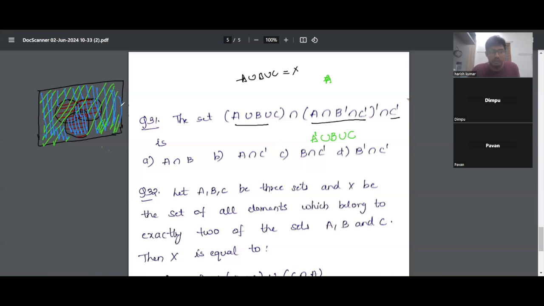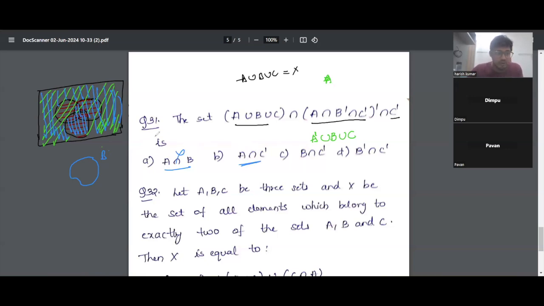Now we have to look for the common part. What is the common part? The place where all three colors are coming. This is the only place where I'm getting all three colors. Is it A intersection B? No, because in A intersection B I'll have A, and I'm not getting A here, so this is wrong. Is it A intersection C complement?